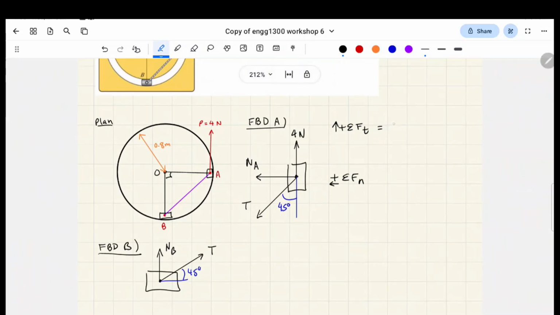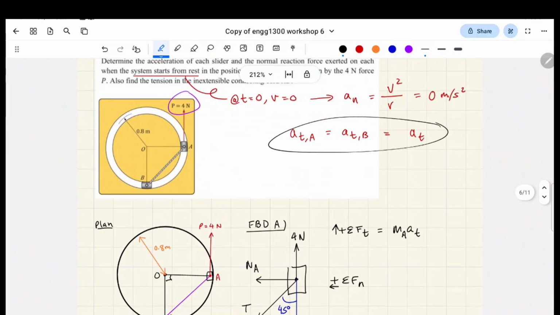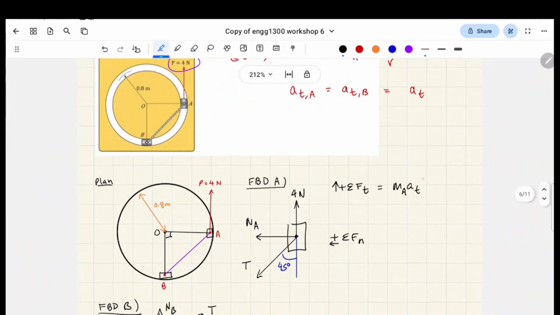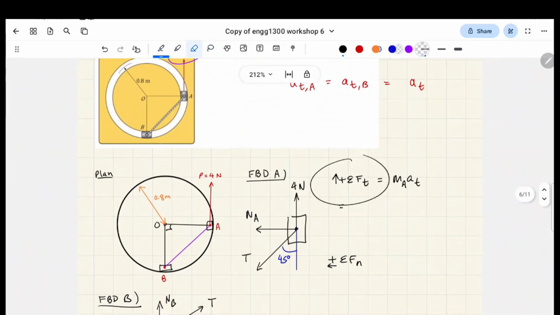So for the tangential direction, it's going to look like this. It's the mass of A, because we're just analyzing the free body diagram at A, and its tangential acceleration, which we've established is going to be the same for body A and body B. The next thing we're going to do is list out the forces in the up, or vertical, direction.